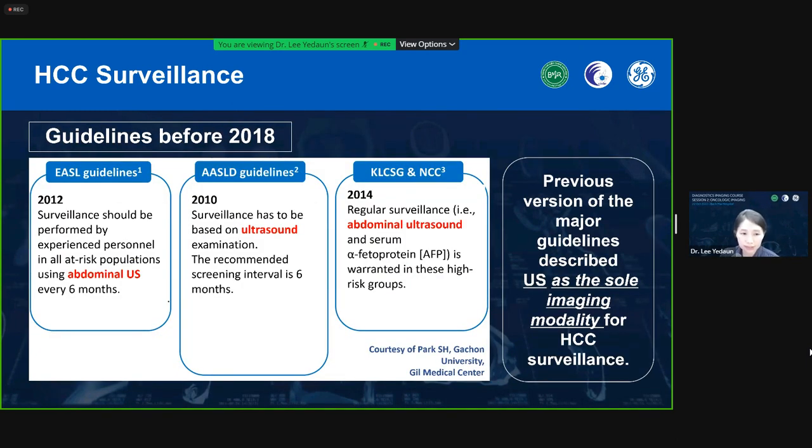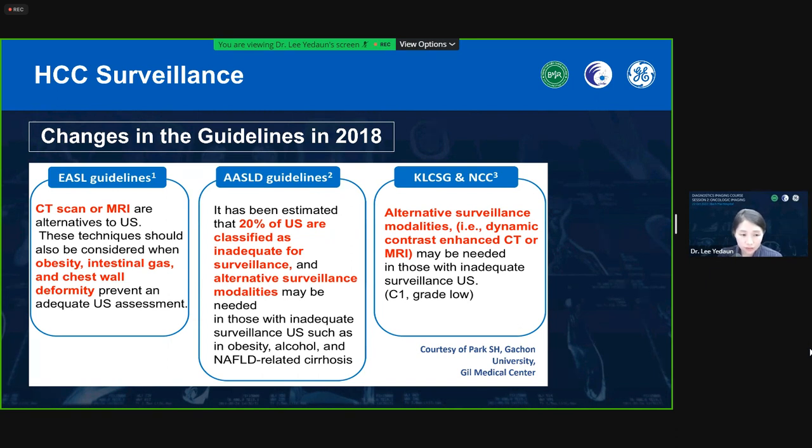So let's get back to HCC guidelines. The previous versions of HCC guidelines from Europe, the United States, and Korea described US as the sole imaging modality for HCC surveillance. However, recent evidence regarding the limited performance of US in HCC surveillance culminated in some interesting changes in the major HCC guidelines, which were revised in 2018.